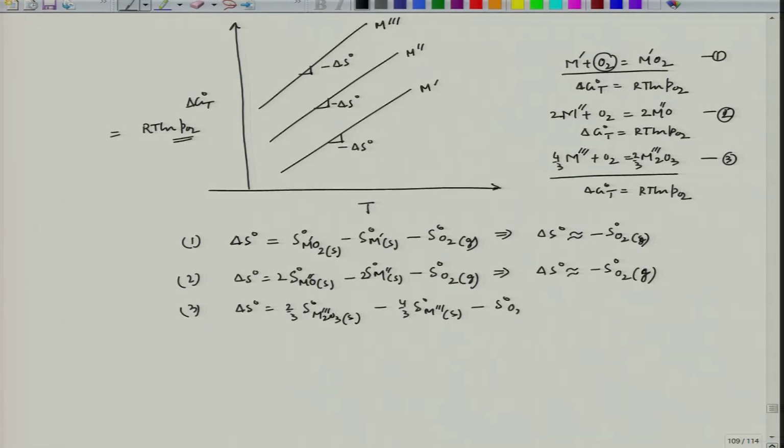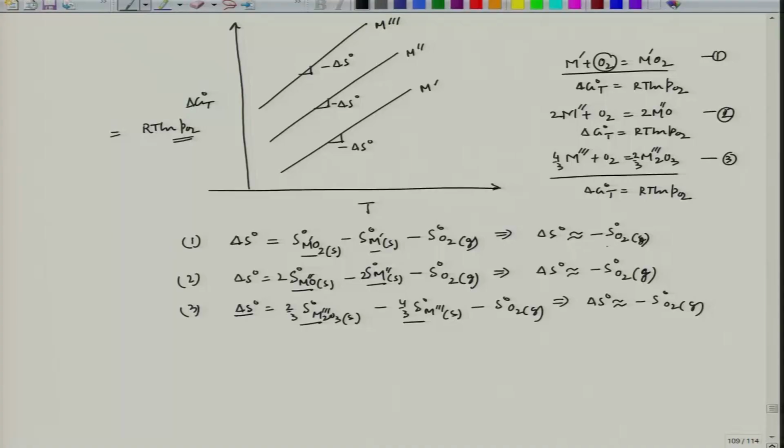minus S 0 O2 gas. So, this also becomes del S 0 almost equal to that. So, now you could see that these quantities, this entropy of solids, whether it is 2 by 3 or 2, will not make much of a difference to the overall entropy change, since the entropy of gas is very high as compared to the solid entropy.